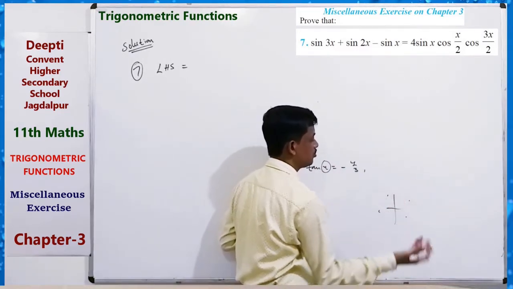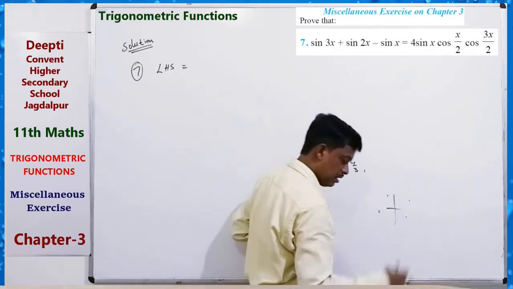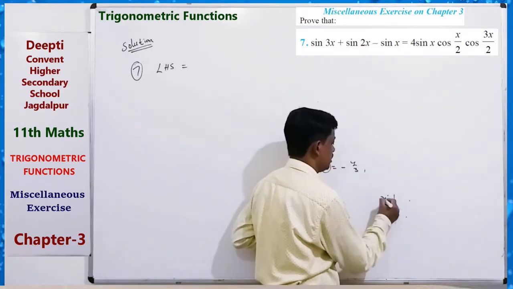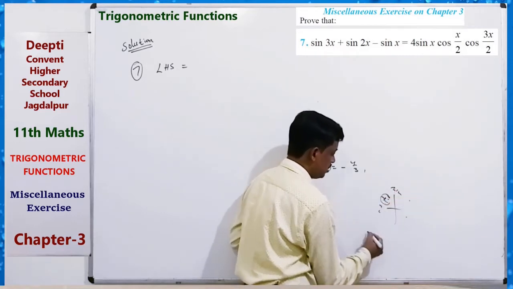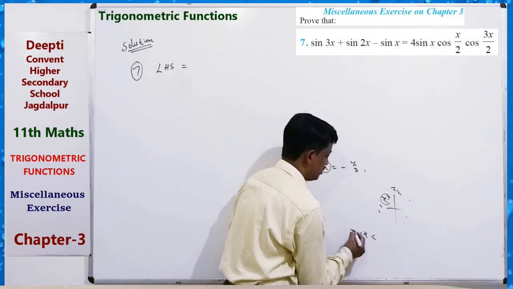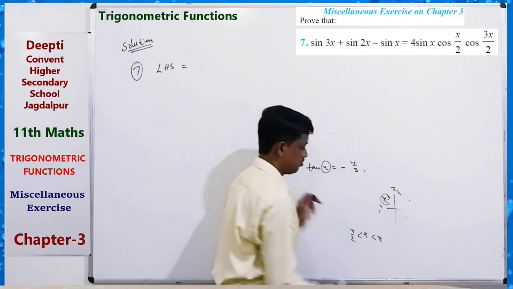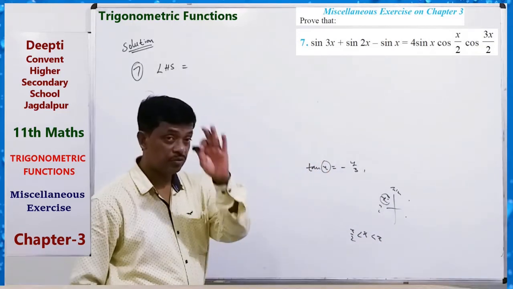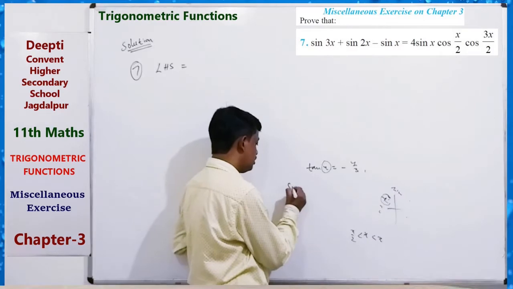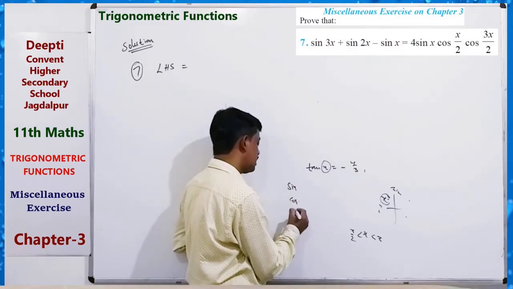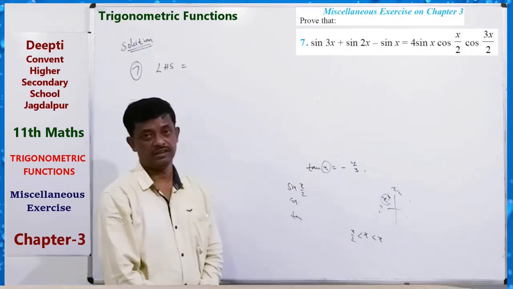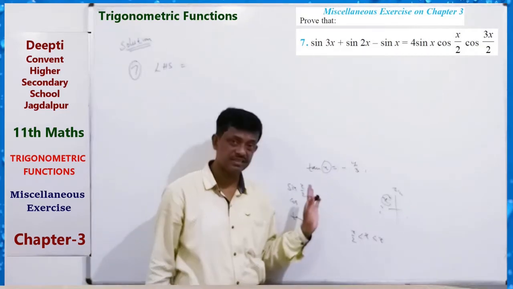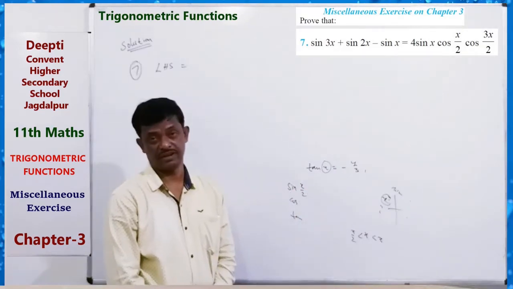First, second, third, fourth, where? So here x lies in the second quadrant. Here means what? Pi by 2 and pi. That means x lies between pi by 2 to pi, second quadrant. And we have to find the value of sin, cos and tan of x by 2, half of this angle.